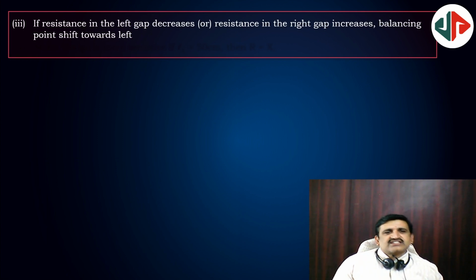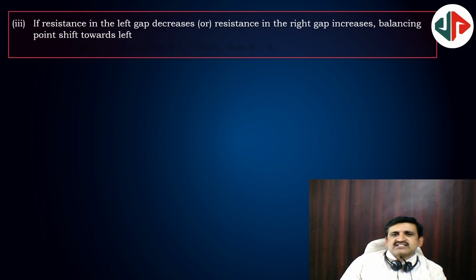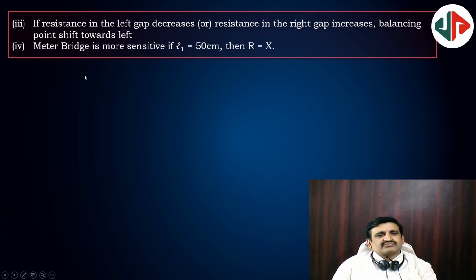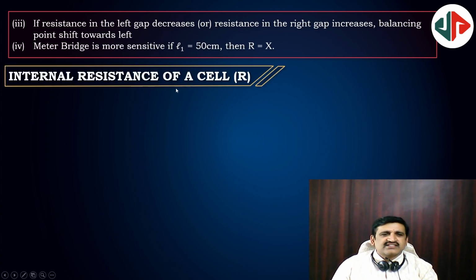If the resistance in the left gap decreases, resistance in the right gap increases, balancing point shifts towards left. In which side resistance is less, balance point will be towards that side actually. Meter bridge is more sensitive if L1 is equal to 50 centimeters and R is equal to X.